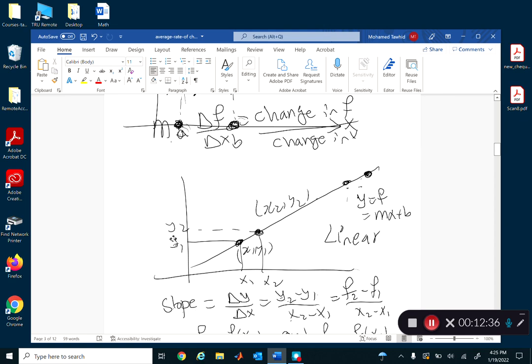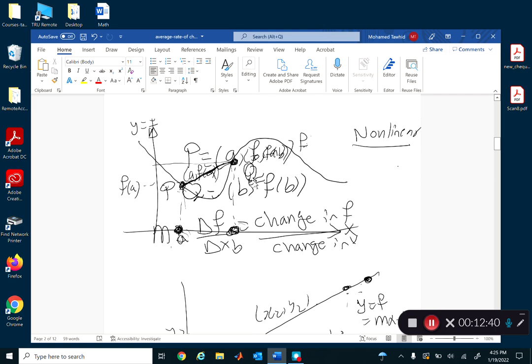But for non-linear, if you take any 2 points on the graph and look at the change in your f over the change in your x, every time it is going to change. It does not give you the slope of your f, because that's a non-linear one, but it gives you the slope of the line connecting P and Q.